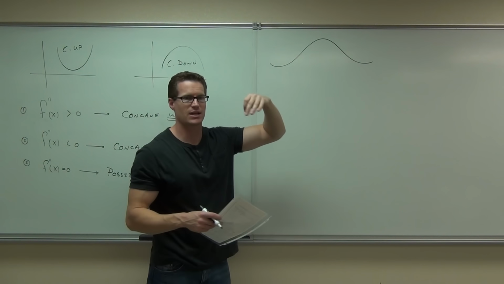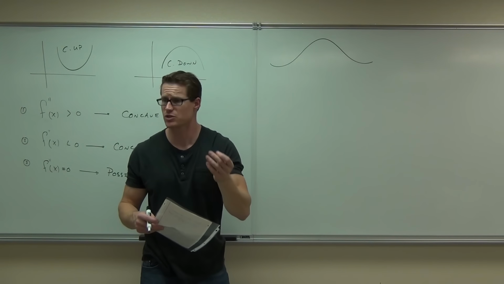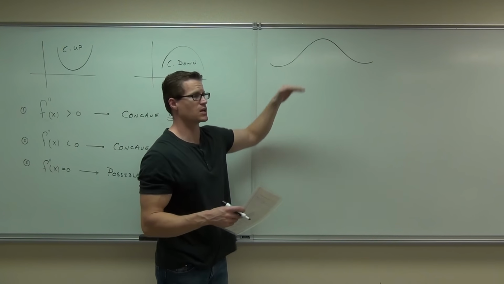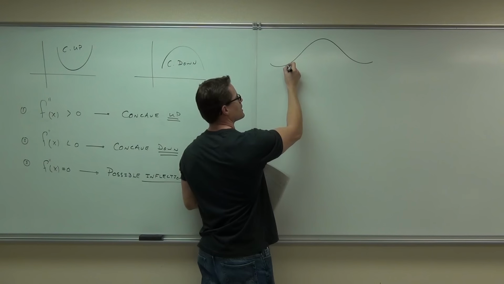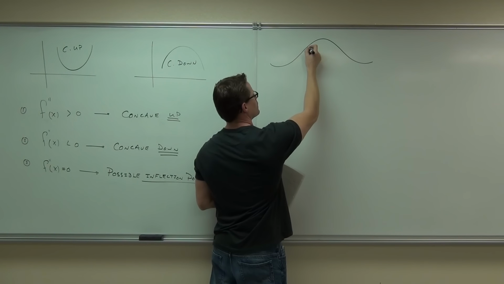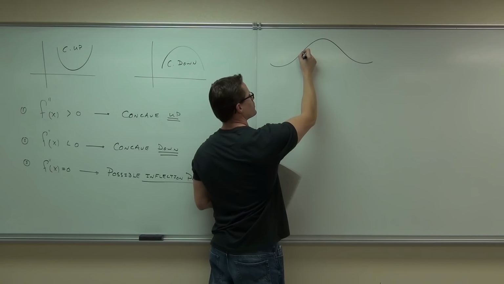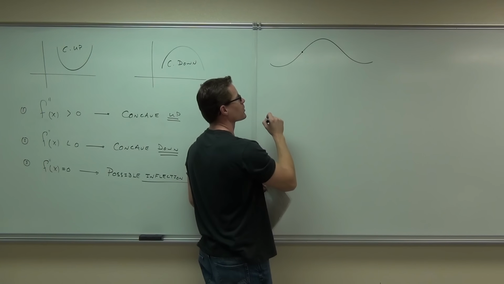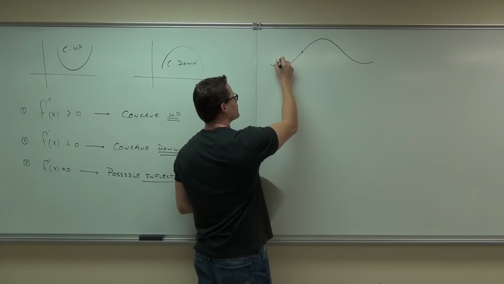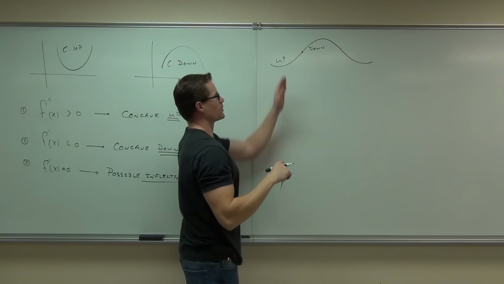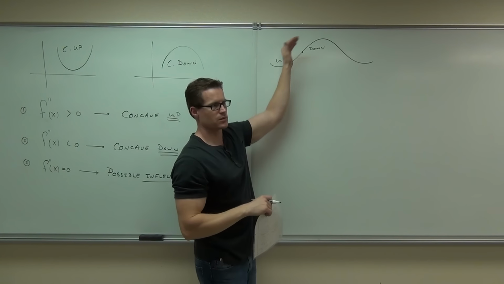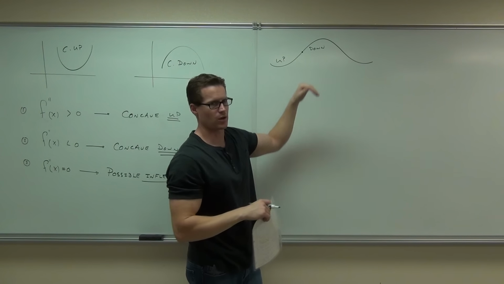Concavity has to do with the slope, the way the slope is changing. If the slope is increasing, that means we're concave up. So we're concave up. Tell me where to stop being concave up. Right in here? Somewhere in there, yeah, for sure. Somewhere in there where we stop being concave up, and we start being concave down. We start being able to hold water and have something that doesn't hold water.